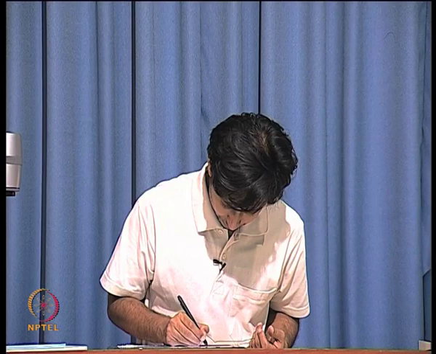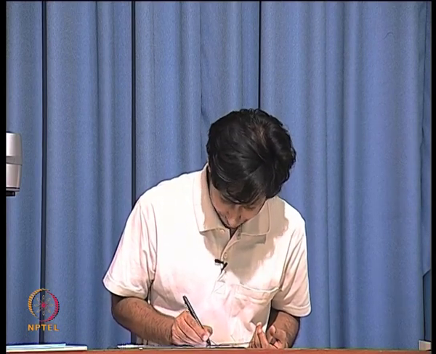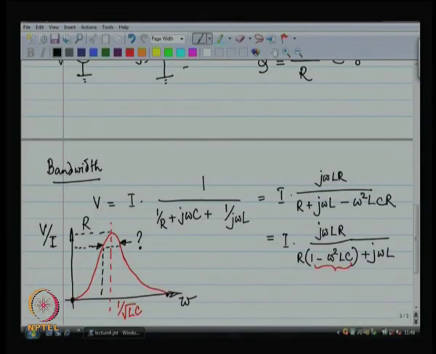Normally when we talk about bandwidth, we say at what frequency is the response 3 dB below the maximum, or a factor of 1 by square root of 2 times the maximum.